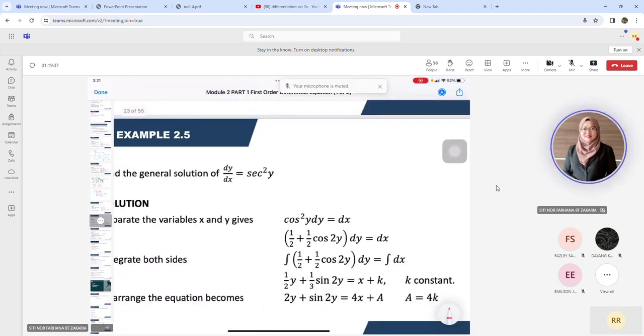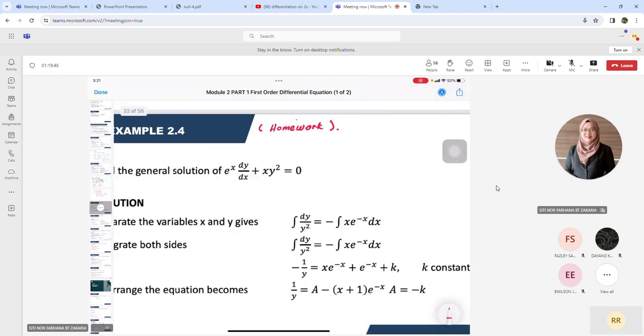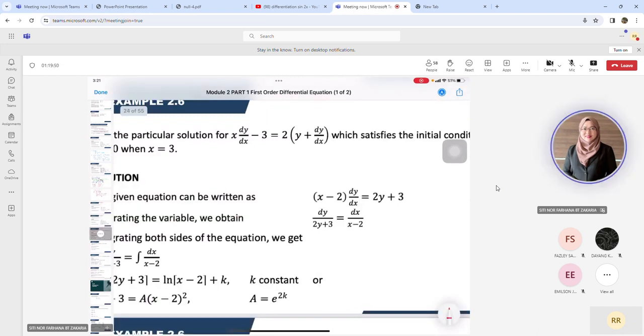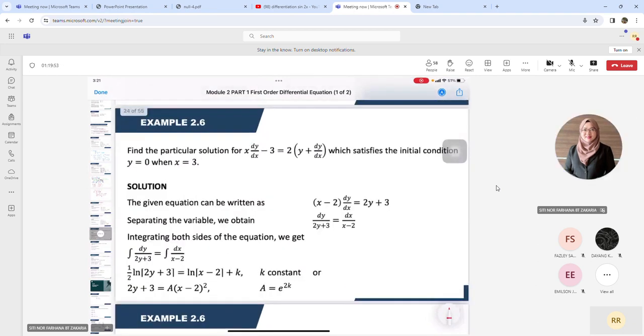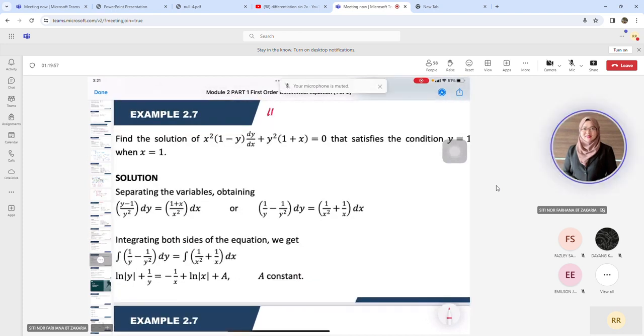This one also homework. And then this one also homework.